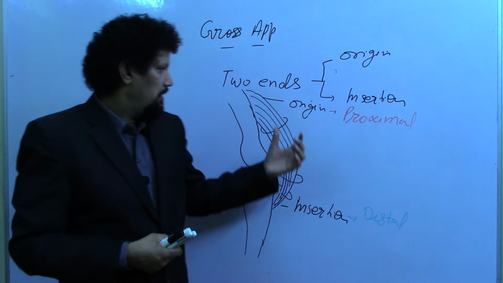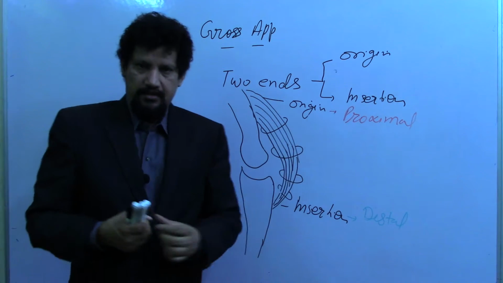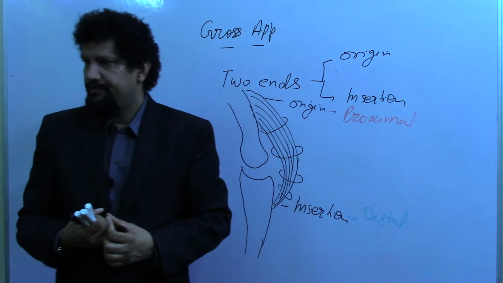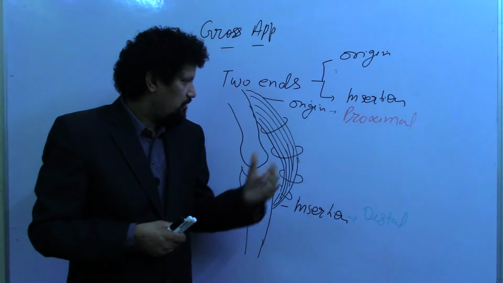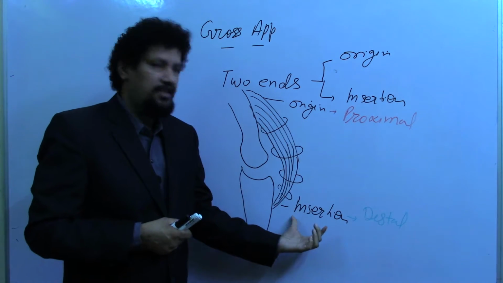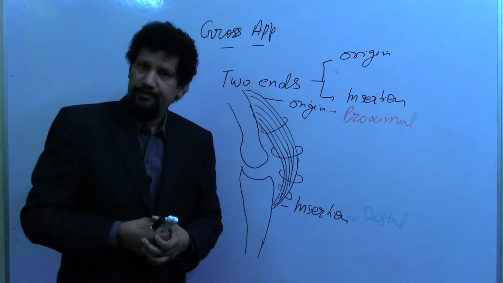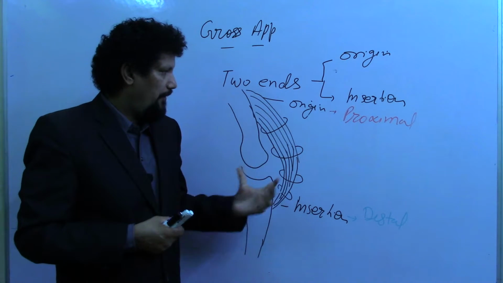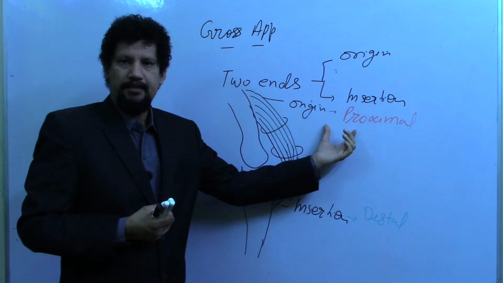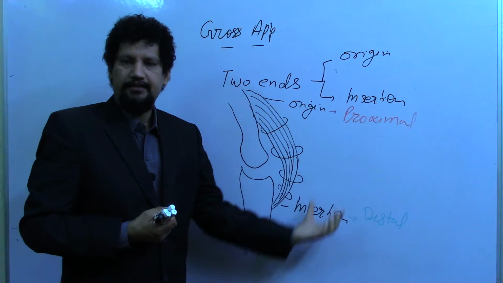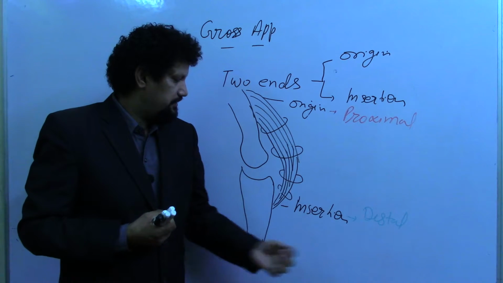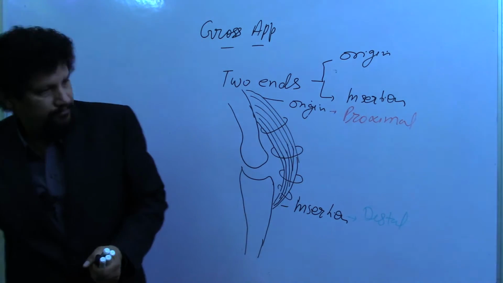So origin is not always stationary, and the insertion is not always movable. To avoid the confusion, this end is known as the proximal end and this end is known as the distal end of the muscle.